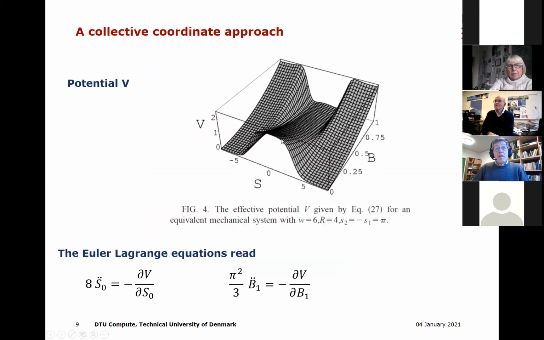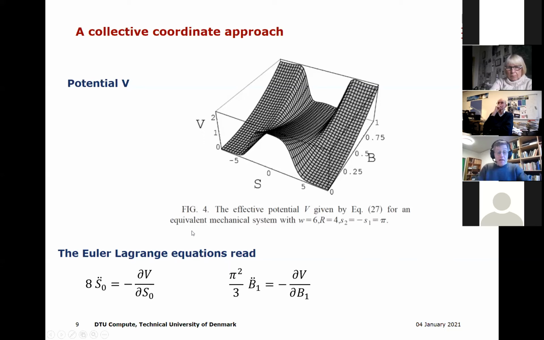The potential V, as we have a functional relation of the potential as function of S and B, we can plot, and here, as you see, it's pretty complicated, even graphically. Graphically, it's easier to see what is going on, but even the graphics here, I think this is complicated.